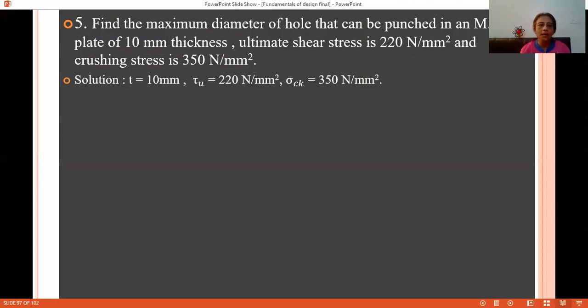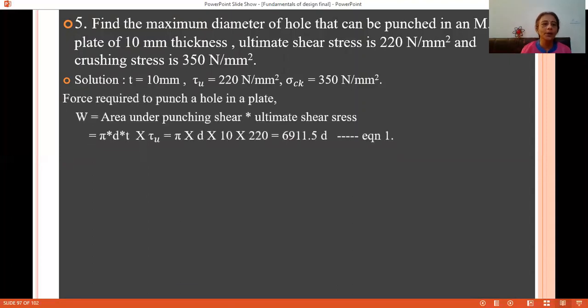So the formula is: force required to punch a hole is equal to pi into d into t, where d is the diameter of the hole and t is the thickness of the plate, that is the circumferential shearing area, into ultimate shear stress. We will be using this formula and substitute the values. As we do not know d, our force required will be in the form of d.